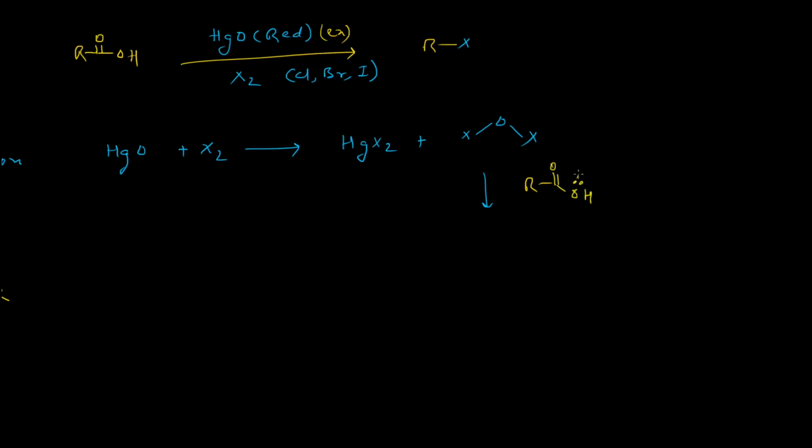So oxygen lone pair will attack this halogen center, thereby forming this positively charged species, and this anion will abstract this hydrogen from this system, and thereby one molecule of hypohalite will form.